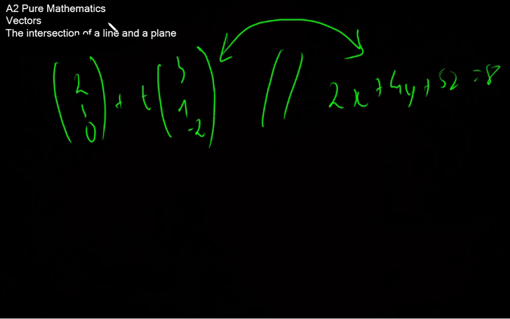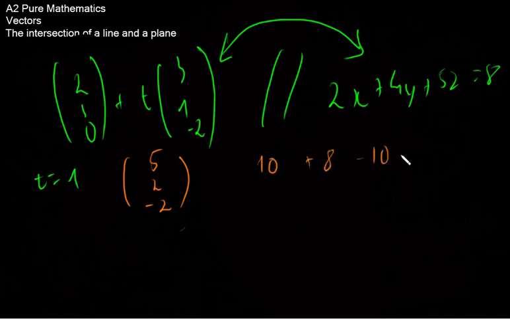To check if the line is in the plane, what you can do is try different values. Let's take t as a number, so let's take t as 1. We have 5 plus 2 minus 2. You replace it here. We have 10 plus 8 minus 10, equal to 8. Correct.